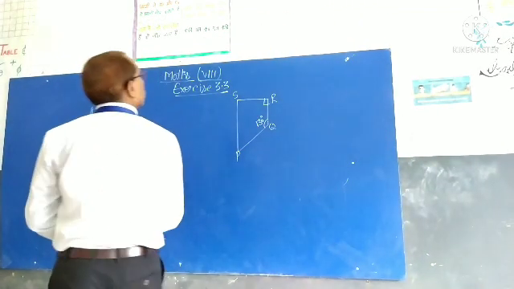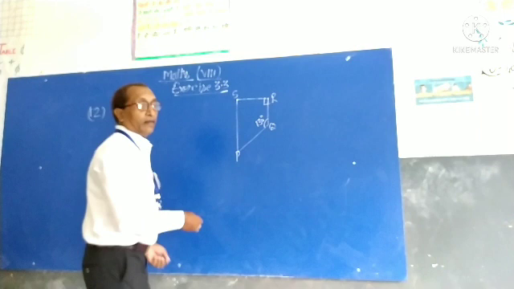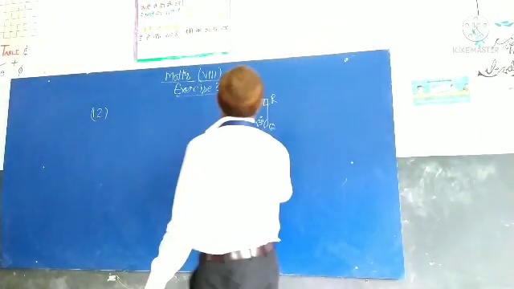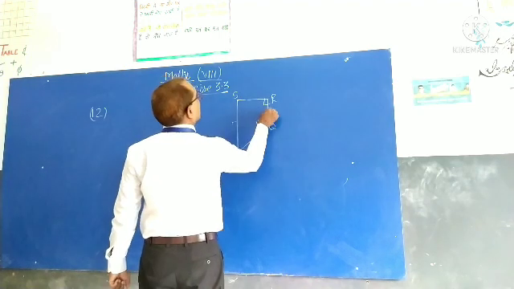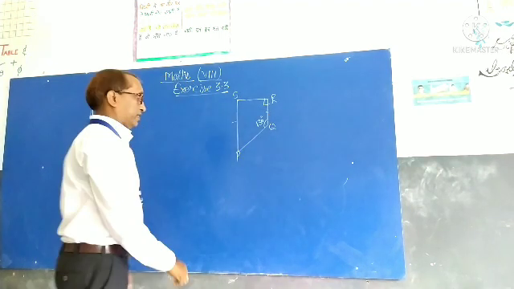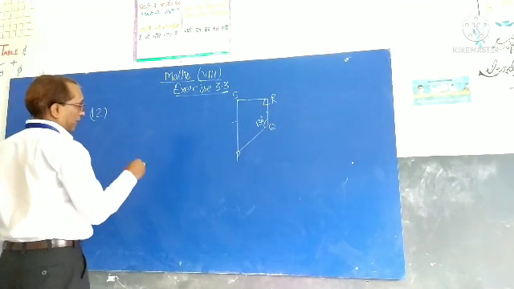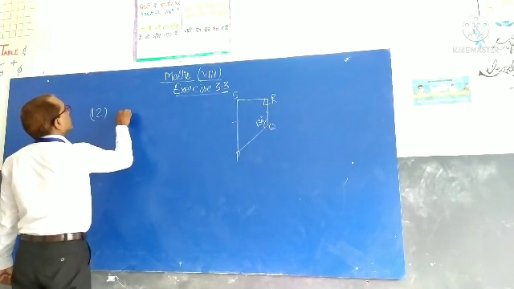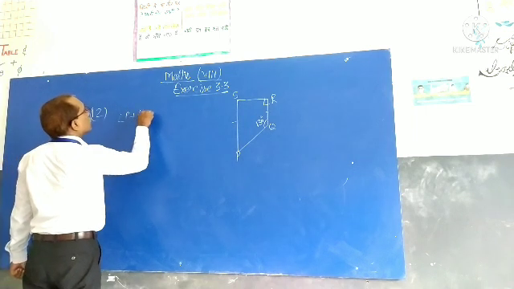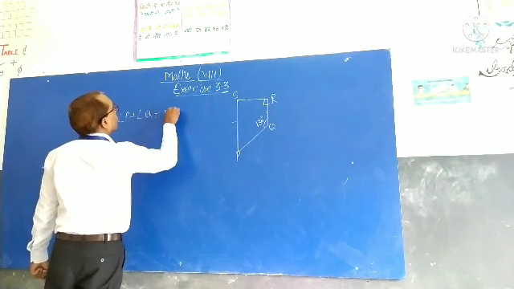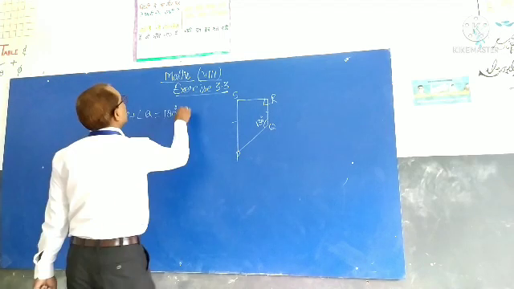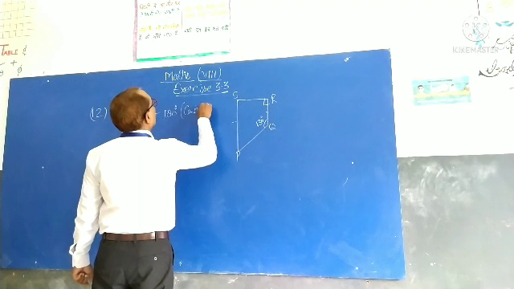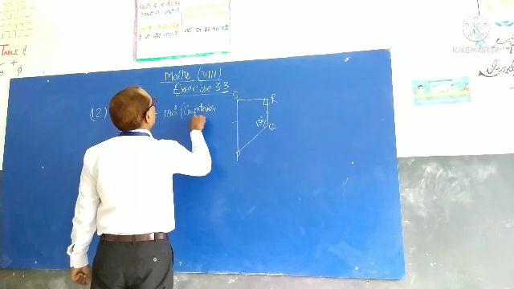Here it is given SP is parallel to RQ. These are two parallel sides. Therefore, we are able to write angle P plus angle Q is equal to 180 degree, co-interior angle.